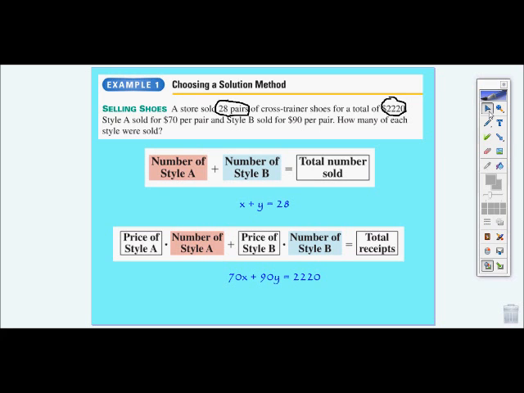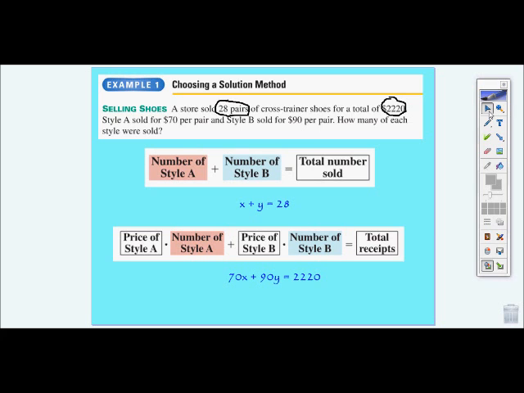For our next step, we'll look at the other total that we were given, 2,220, and this has to do with the total amount of sales. We need to take the price of each style of shoes times the number of shoes. So the price of style A, which was $70, times the number of shoes, which we're still not sure of, so that's the variable x from our first equation.